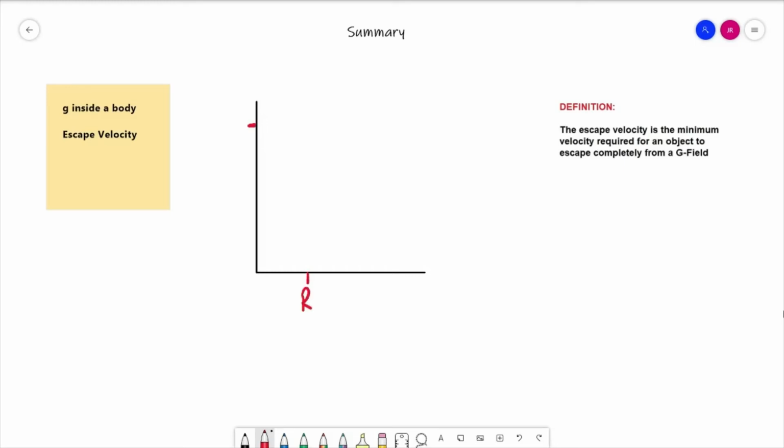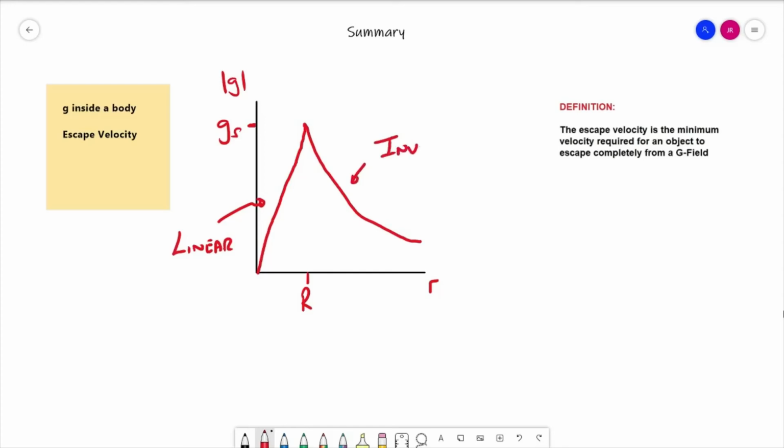And we said that if we draw a graph of distance from the centre of mass against the modulus of the gravitational field strength, inside the body we will have a linear relationship, whereas as soon as you get to the surface and go out from there, it will be an inverse square relationship.